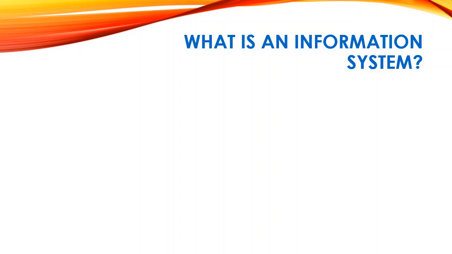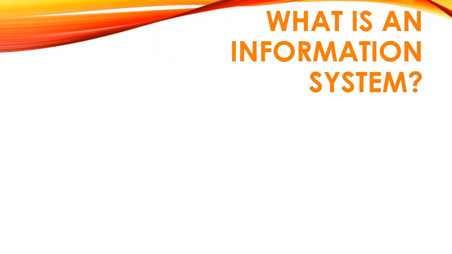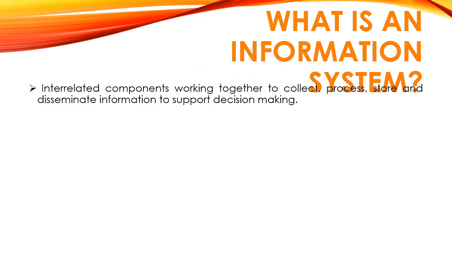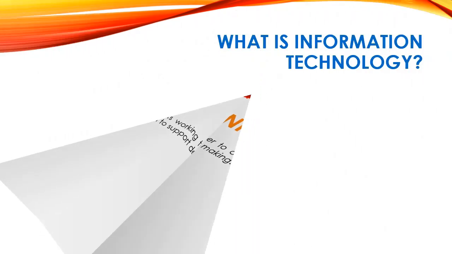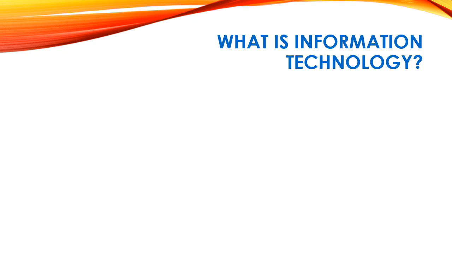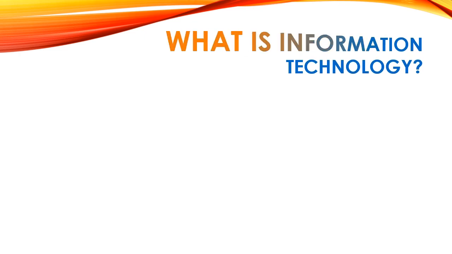What is an information system? An information system is interrelated components working together to collect, process, store, and disseminate information to support decision making. And the last term that we shall define is information technology.